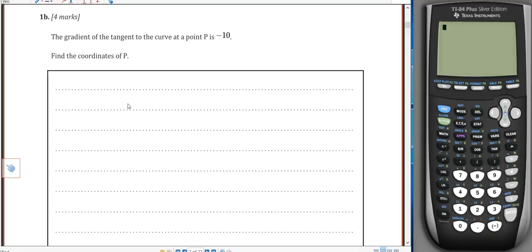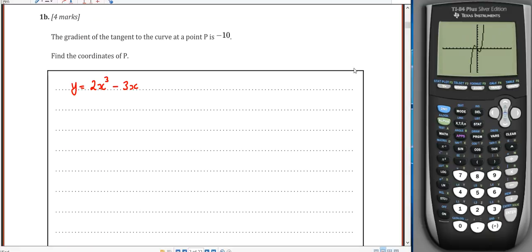I graphed the gradient function. So you did y equals, what was it again? 2x cubed minus 3. Okay, you graphed it. So if I graph that, I get that.